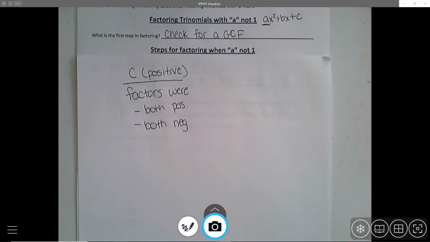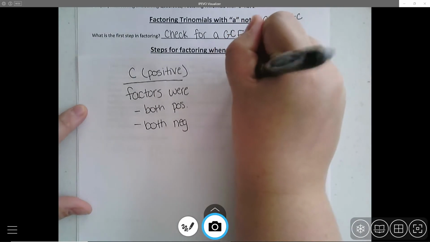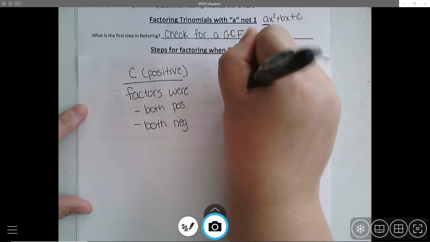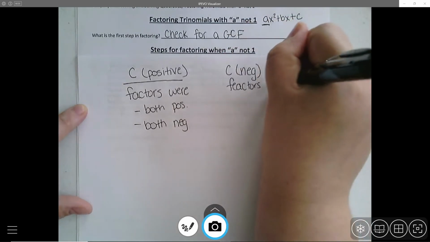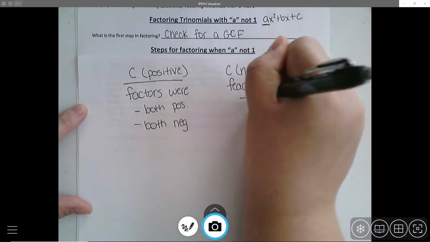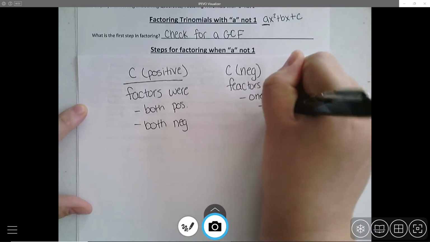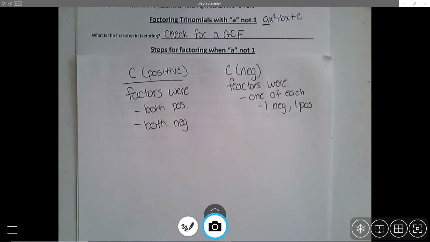That happens if our C value, and now we're going to say the same thing with our new quote-unquote C value, is positive. And then we also talked about when C was negative, it meant the factors were one of each, which meant one negative and one positive.